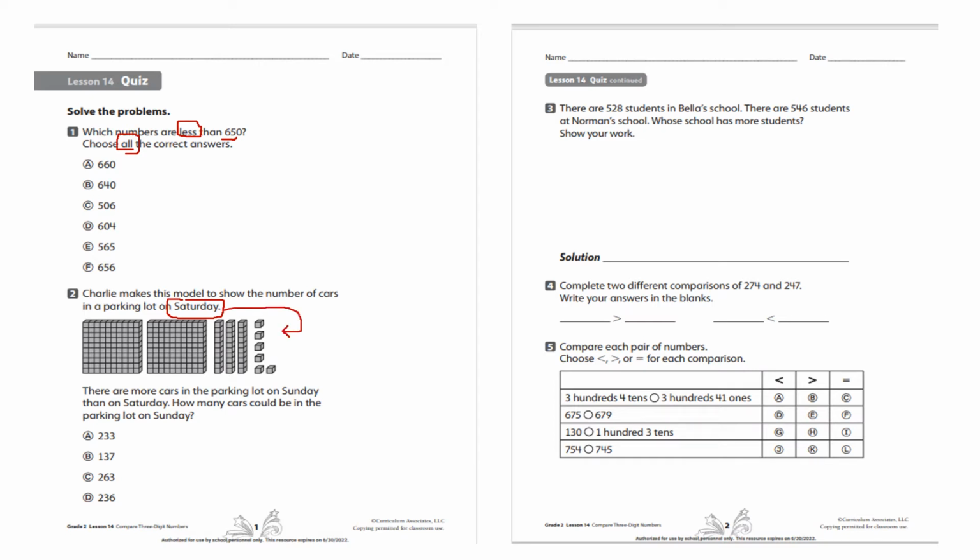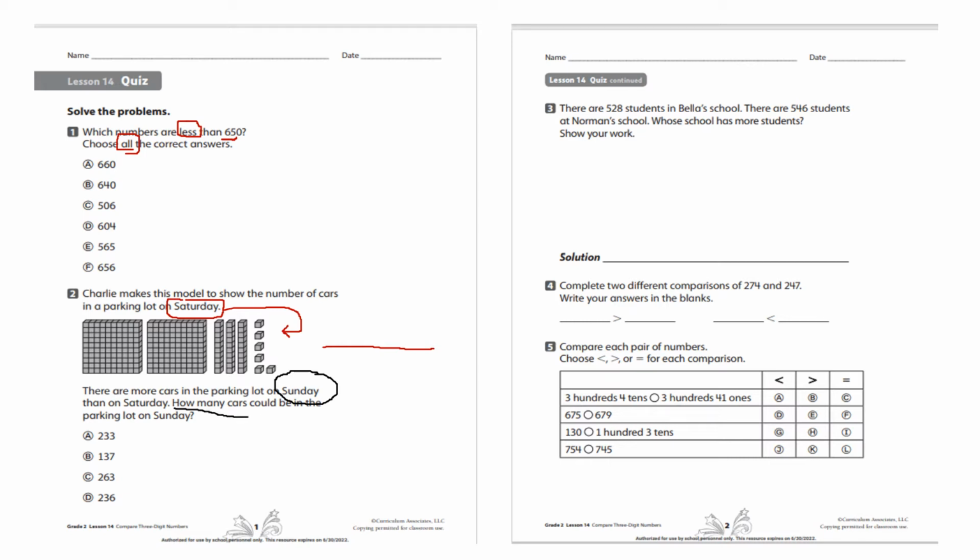What I would do is I would count that and I would write the number right there. It says there are more cars in the parking lot on Sunday. So on Sunday, there are more cars in the parking lot.